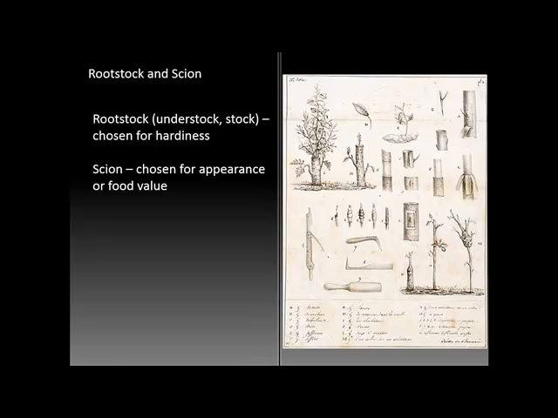So here's an old chart showing some of the historical techniques for grafting, but in all cases the grafts rely on fusing together an understock, also known as the stock, chosen for its hardiness, and this provides the root system.